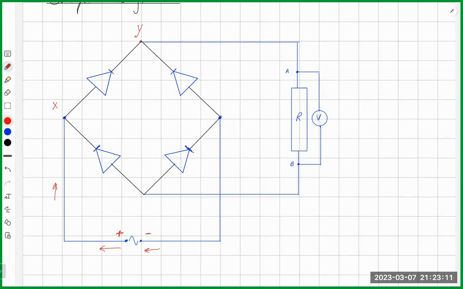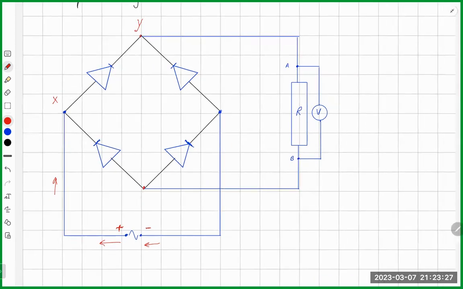So what do you think? What is the option for the current to go? To go towards the resistor. Good. So it will go to point A and then it will go through the resistor, go to point B, and then it will come back to junction Z, where it is supposed to go to the negative terminal.